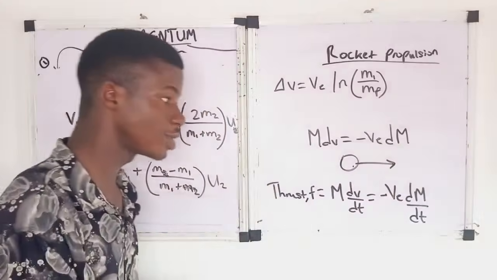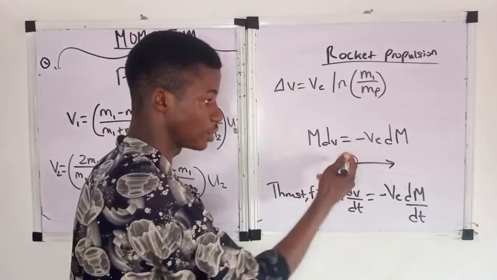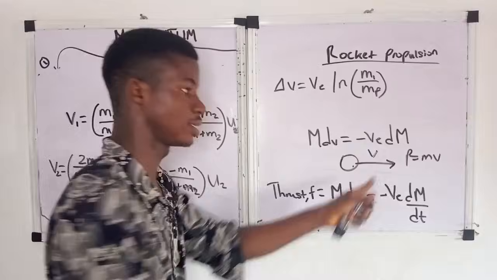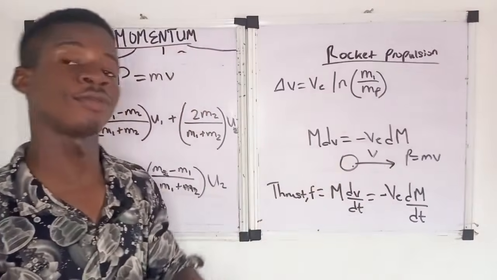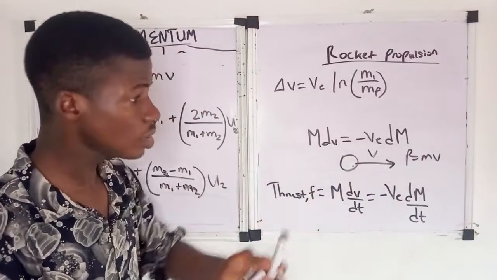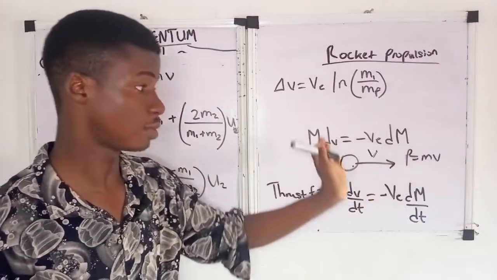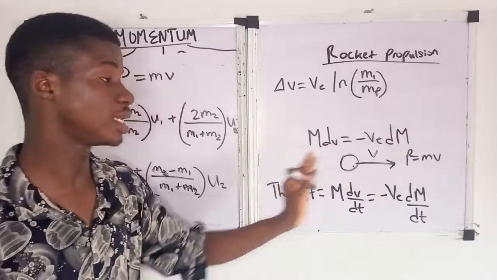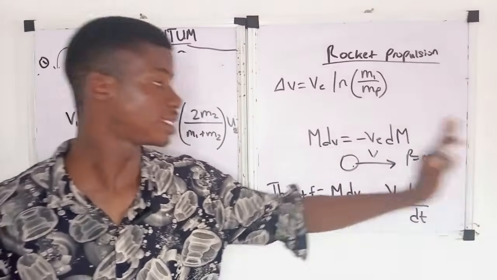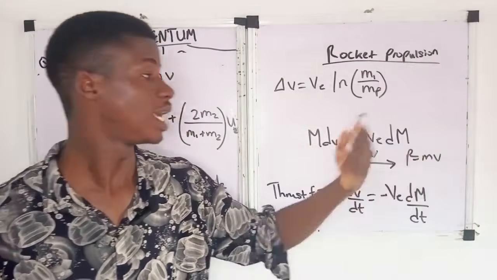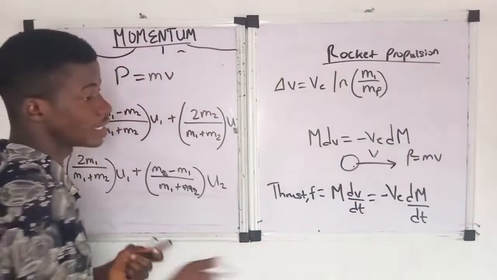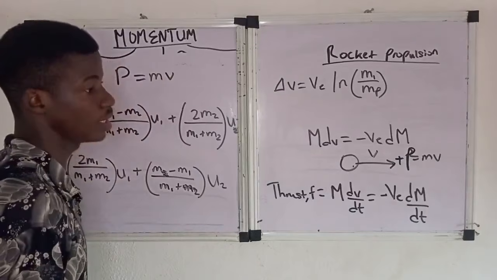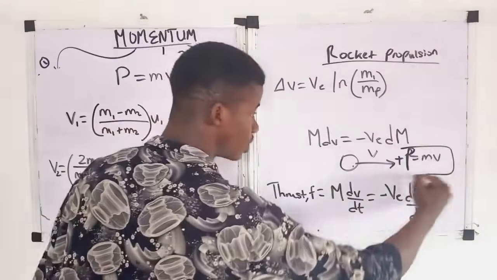The momentum of the body will be the mass of this body and its velocity, right? In this type of movement, the body is moving in the positive S direction. So that's to tell you that the momentum here is positive.